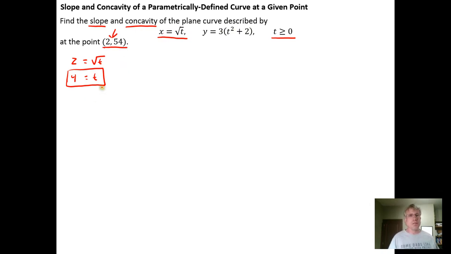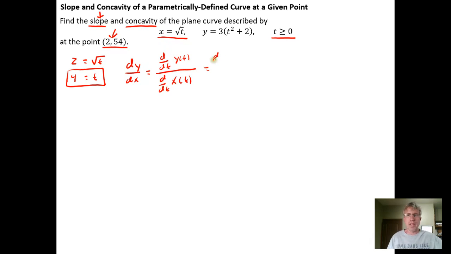Once we know what t is, we're being asked here to find the slope, which means we need to know dy/dx. And from the first video that we did, we know that dy/dx is going to equal d/dt of y of t over d/dt of x of t.